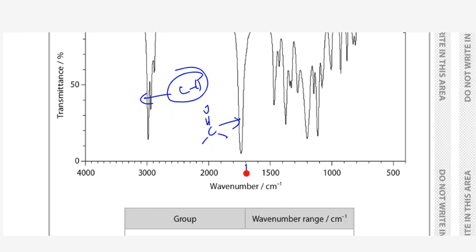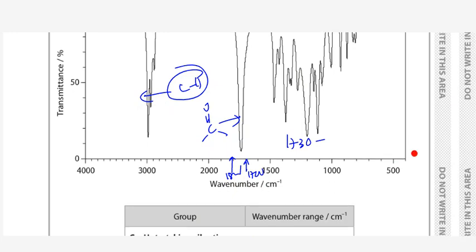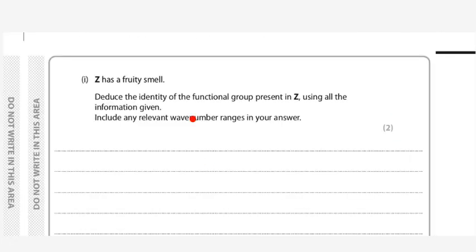Here it's about 1732, in that range. That itself tells us it's an ester, and since it's sweet smelling, fruity smell, it is an ester. This is the identity of the functional group present in Z.